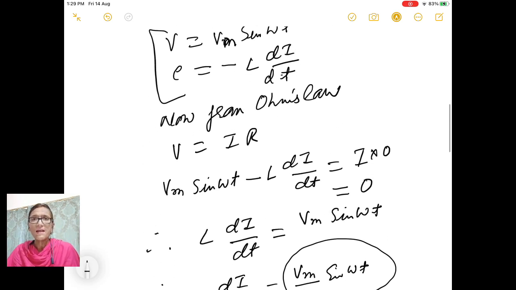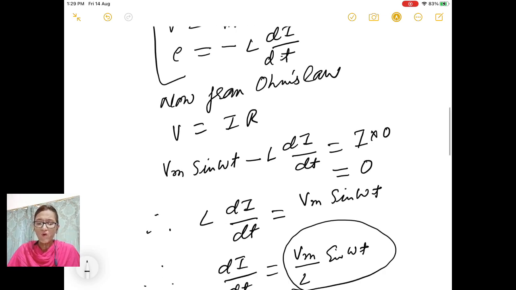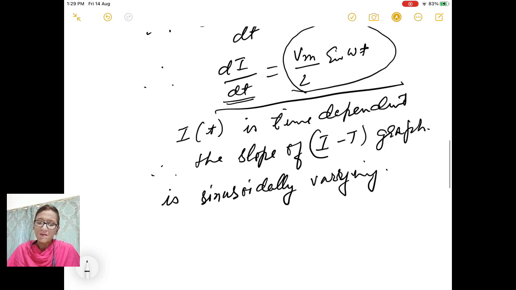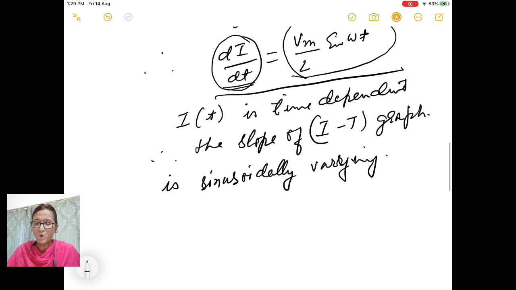So this is the one thing. Now, we are interested to find the current flowing through a purely inductive circuit when voltage is given. So for finding current, we need to integrate this equation. So when this quantity, rate of change of I with respect to t, is added for a time interval dt, then you get this quantity di upon dt, this slope, the rate of change of I with respect to time, when added up over dt time.